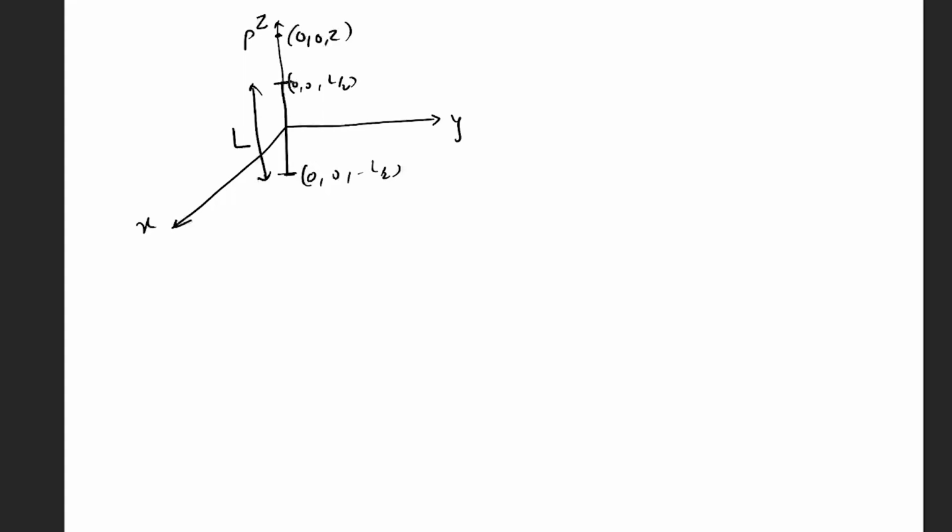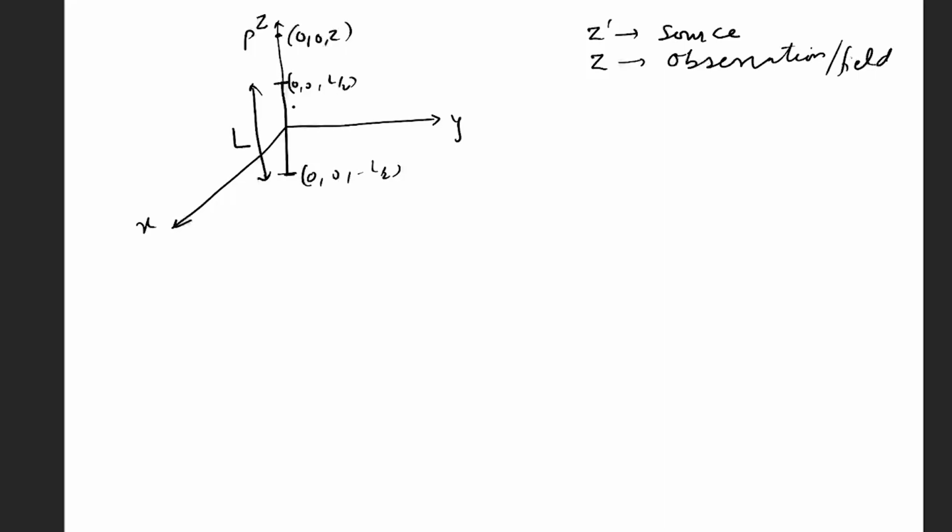Now since we need to differentiate between the source point as well as the observation point, I will use prime coordinates for the source points and unprimed coordinates for the observation or field points, so that we are not confused with that notation.